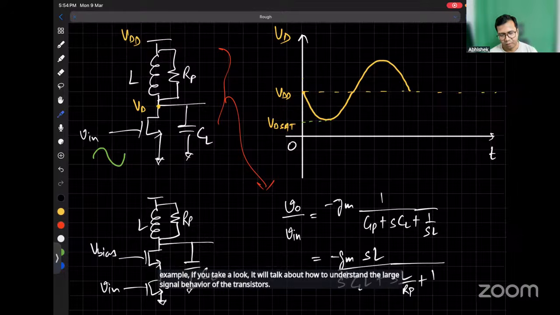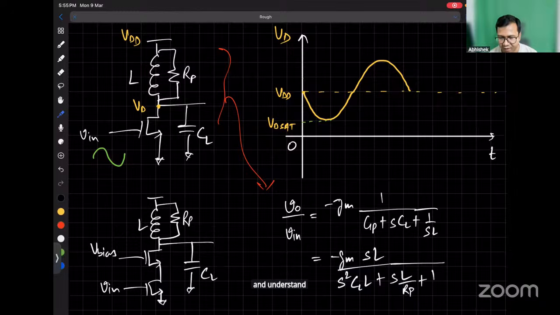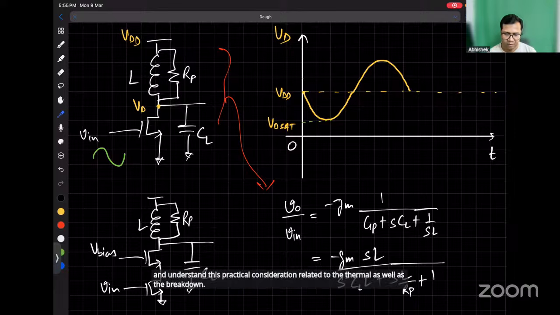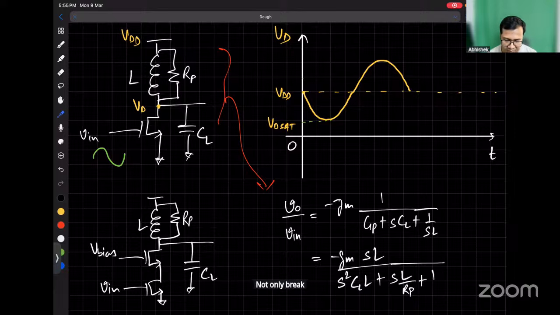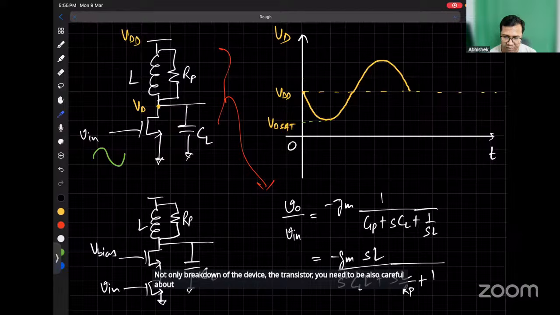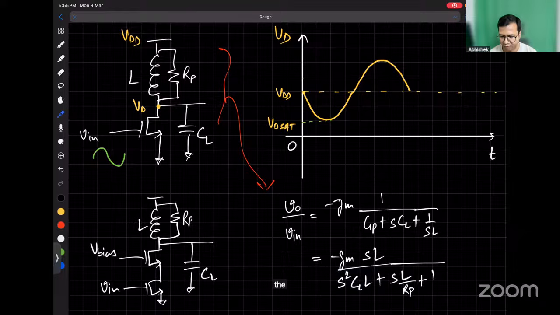But you may have to understand the practical considerations related to the thermal as well as the breakdown. Not only breakdown of the device, the transistor, you also need to be careful about separating those signal traces far enough such that the PCB you are using can also handle this high voltage.